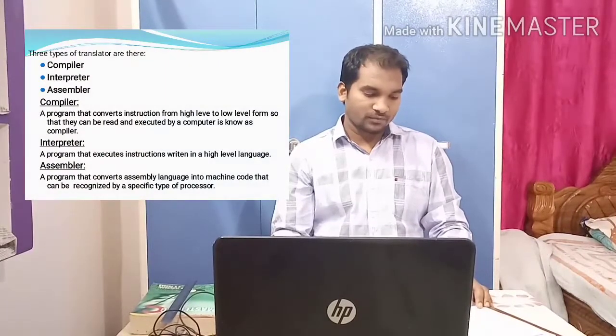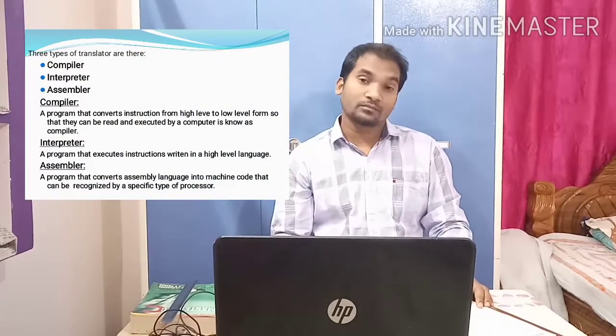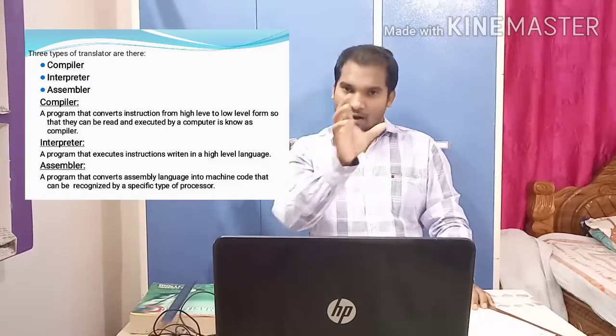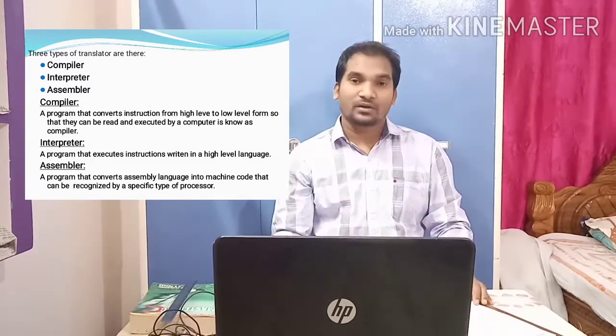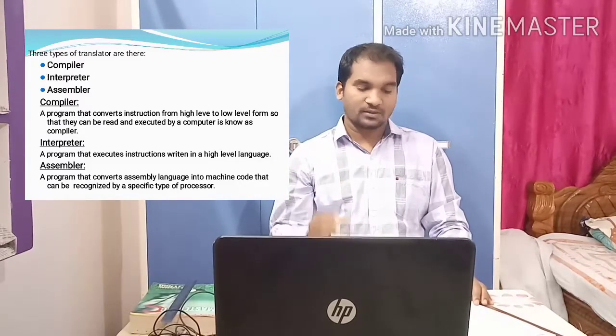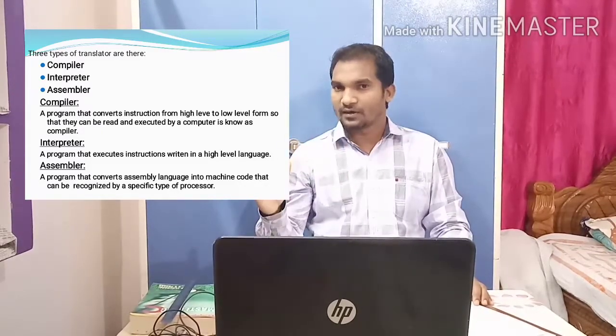So what is compiler? Compiler is the program which converts the source code from high level language to machine level language, and it converts source code at a time. But what is interpreter? This is also a program to convert the high level language to low level language.